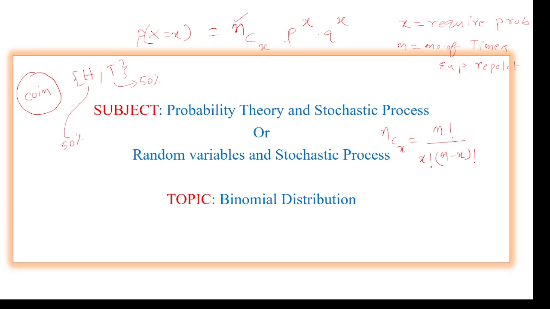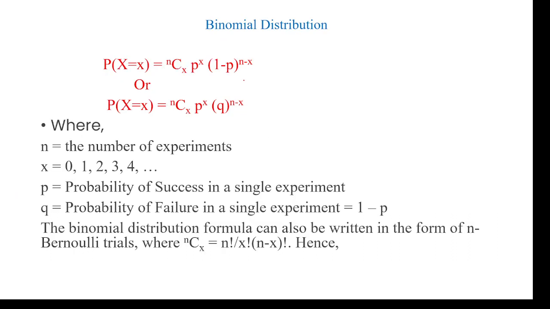As I said, both have equal probabilities. The probability to get head, I am assuming, is p, so it is 50% or 0.5. The probability to get tail, I am assuming, is q, which is equal to 0.5, or else 1/2. So that is about the p and q values in the binomial distribution.